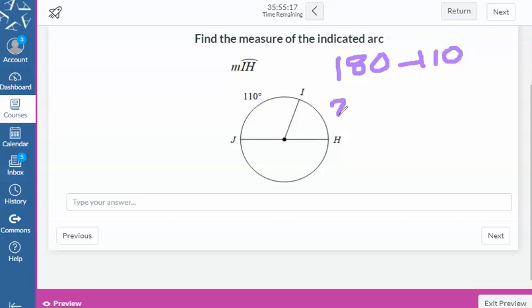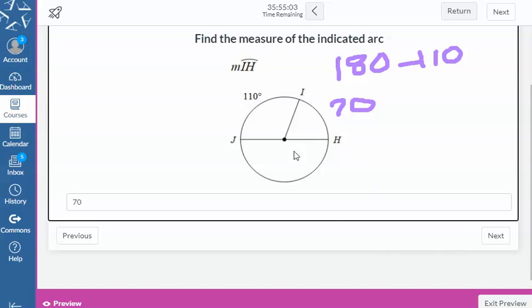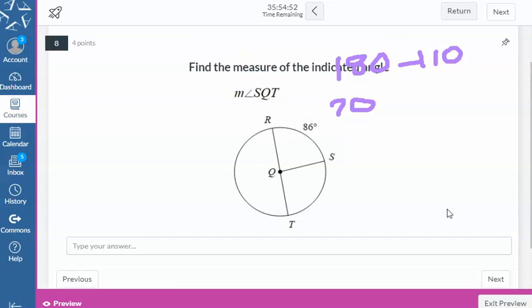And then what's left over here is 70 degrees. So hopefully you guys remember that. It's been a little bit since we did 10.1. But that one's just going to be 70. So remember, a semicircle, like half a circle, is going to be 180. If it's the entire circle, remember you have to subtract from 360.